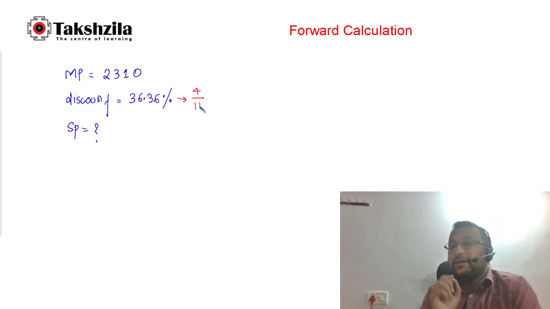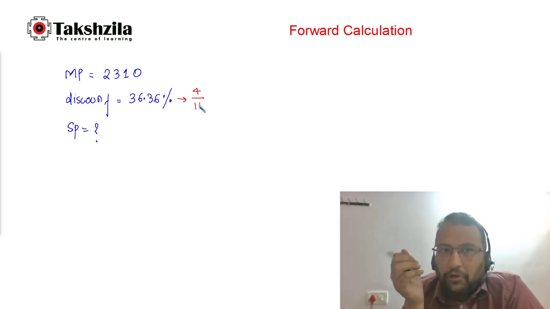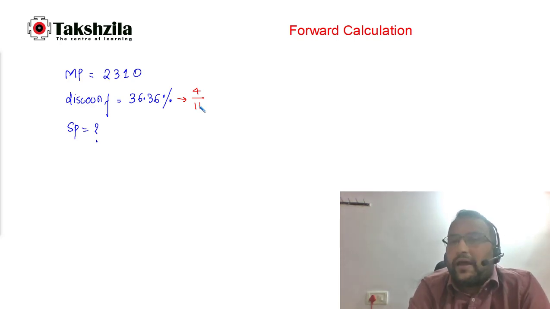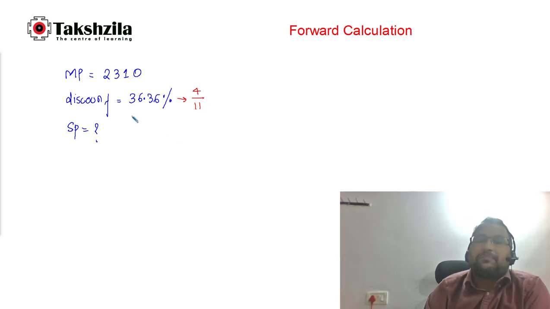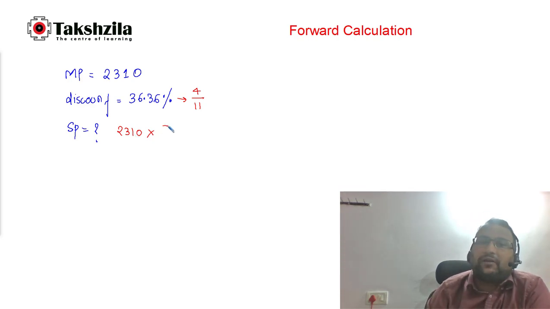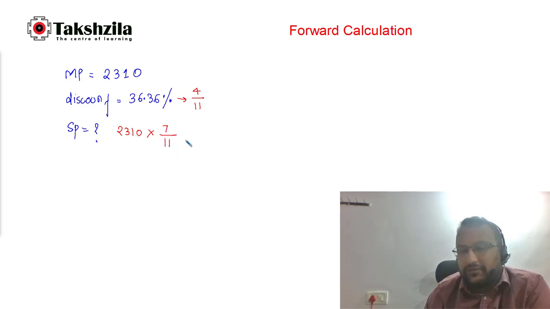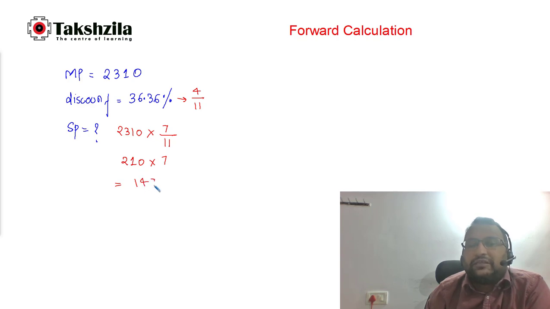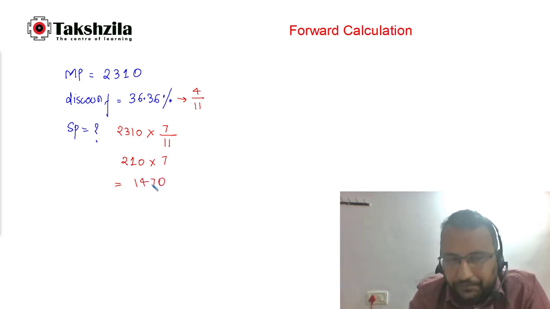It is nothing but 9.09 into 4. So we are offering a discount of 4 by 11, which means we need to decrease mark price by 4 by 11. To do that, we multiply 2310 by 1 minus 4 by 11, that is equal to 7 by 11. So this is our answer. 2310 divided by 11 is 210, into 7, that is equal to 1470, the selling price over here.